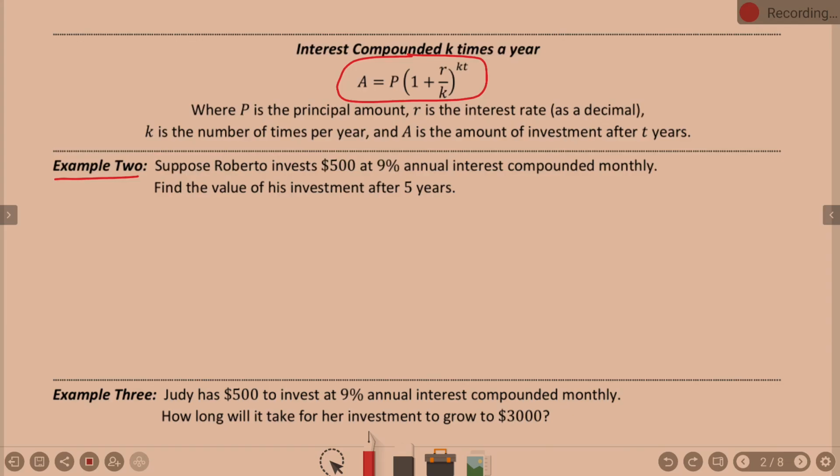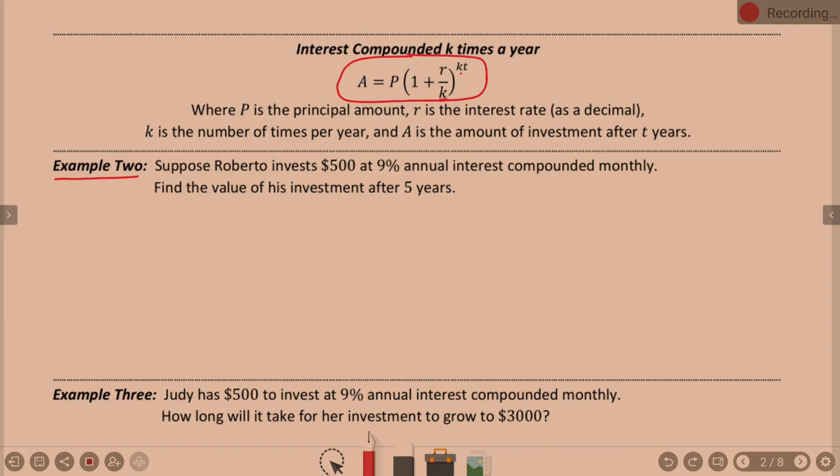Now, so the changes on the formula. You still have P as the principal amount, R is your interest rate. What is thrown in here is a K, and that K is the number of times something is compounded per year. So could we use this formula for annually still? Mm-hmm. You can. If something is compounded annually, you'll put a 1 in. If it's compounded quarterly, 4.